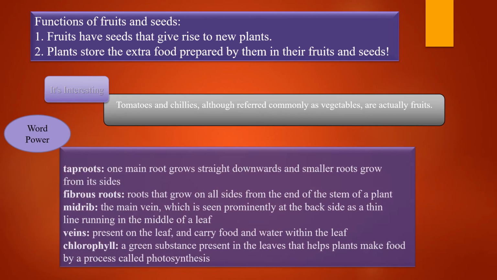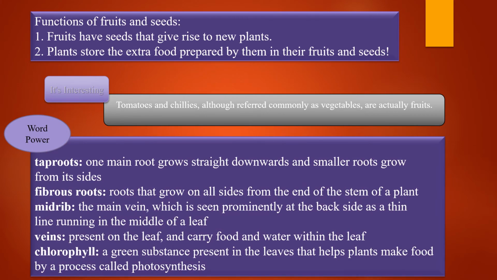Next one, word power. We have to know some word meanings. Taproot means one main root grows straight downwards and smaller roots grow from its side. We already know that. Which tree has a taproot? Mango tree. Okay. Then fibrous roots. Roots that grow on all sides from the end of the stem of a plant.